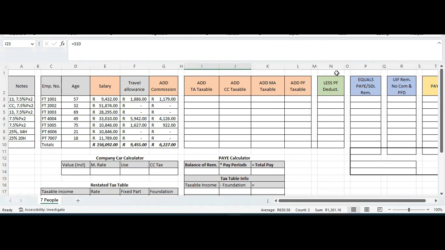So the amount that we are going to deduct here will always be 2 times the amount that we listed here, and that will give us our SDL remuneration.